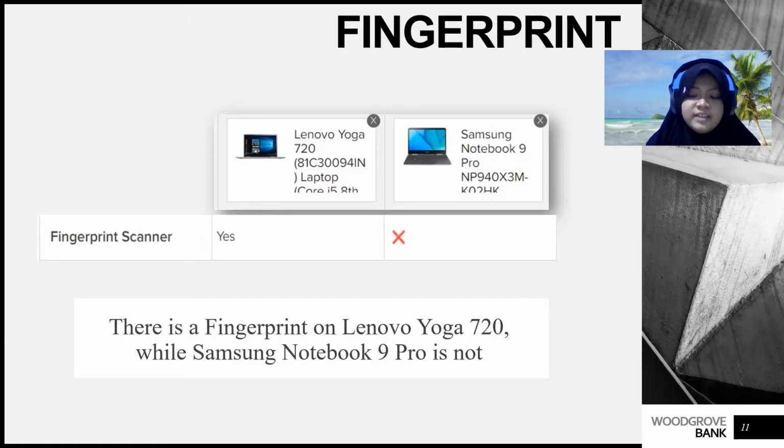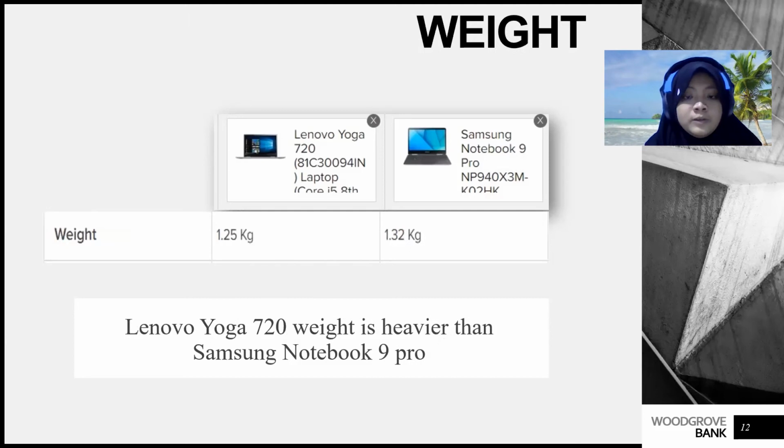So we can say that Lenovo Yoga 720 has a more strict security system than Samsung Notebook 9 Pro. The security of the Samsung is not as strict as Lenovo Yoga 720 security system.